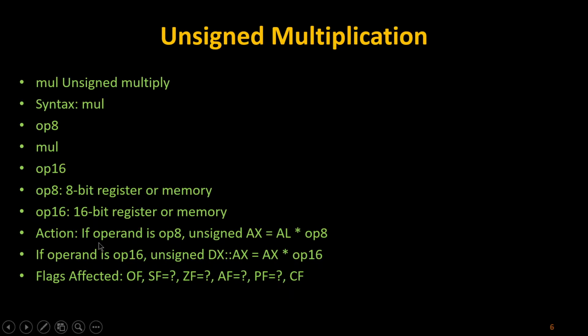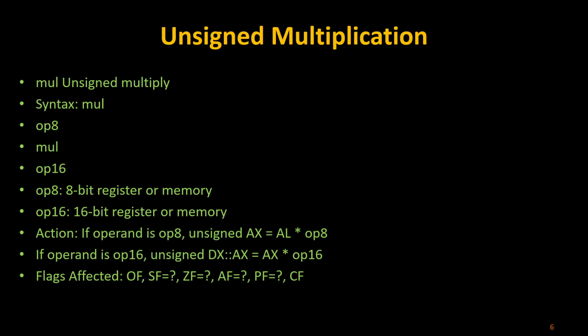In terms of action, for an 8-bit operand, if you say MUL AL, the value of AL is multiplied again with AL and saved inside AX. In programming, I might give some other registers. The result is saved inside a 16-bit register, even if you use an 8-bit register for the multiplication.